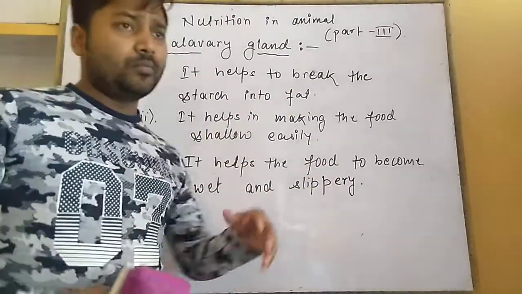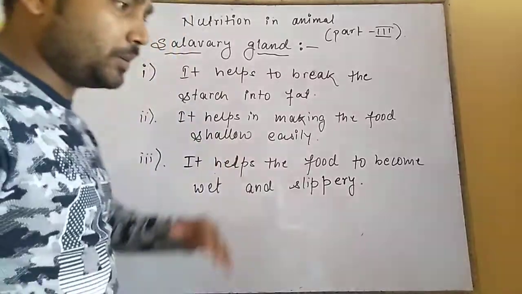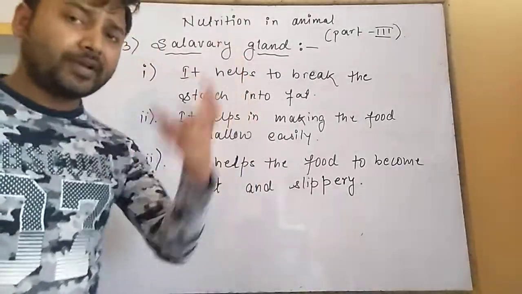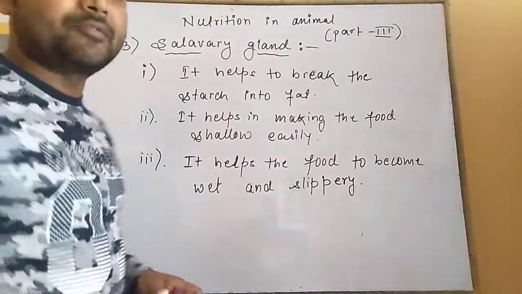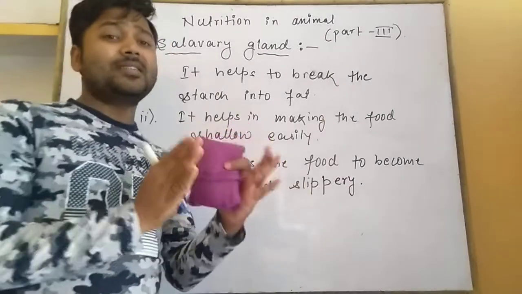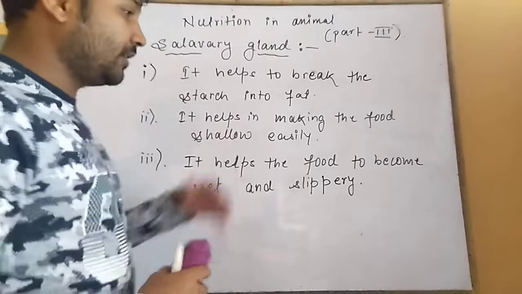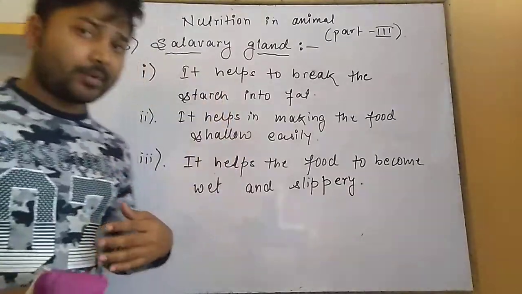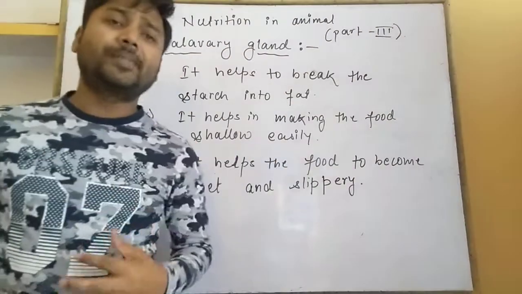Now I will move towards the esophagus. अब हम लोग digestive system के esophagus part की ओर बढ़ेंगे. After engulfing the food from the mouth, the food enters inside the esophagus. ये food जो है engulf करने के बाद ये सीधा esophagus में enter करता है.